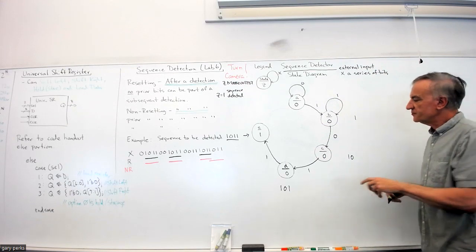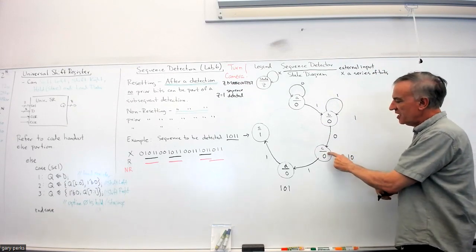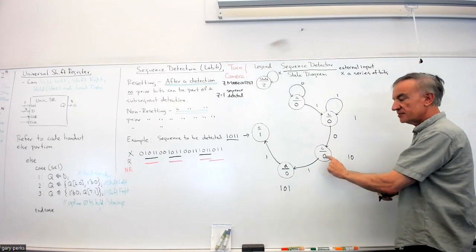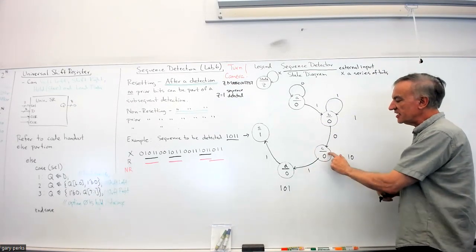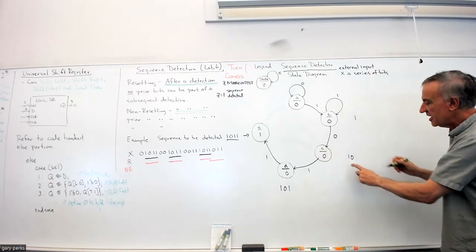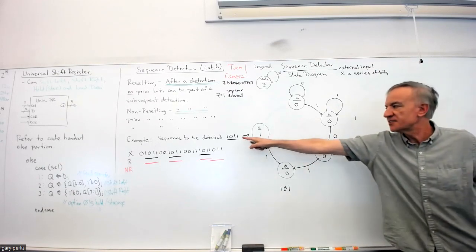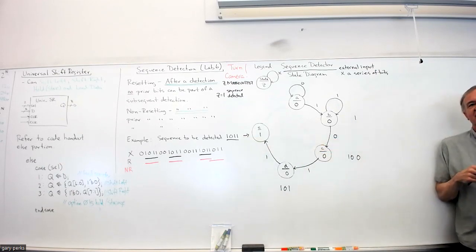All right, so now we get to state C. It took a 1, 0 to get here. And to progress in our sequence detection, we need a 1. But let's say we're in state C and we get a 0. So it took a 1, 0 to get here, but now we get a 0. What do you think we do in that case?